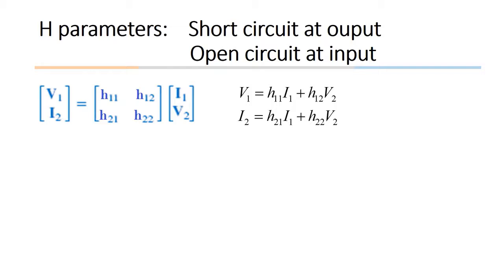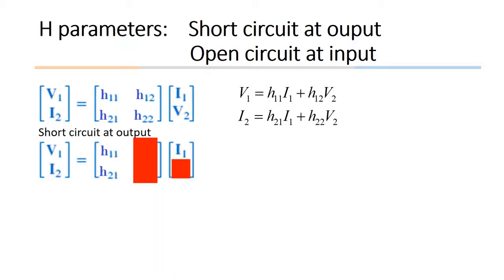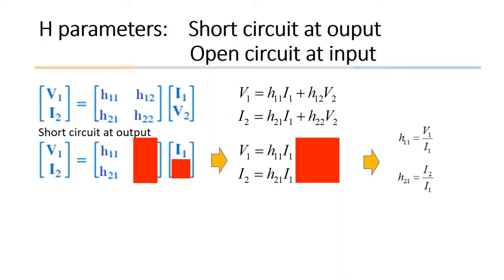So you can see here, to solve for the first column, you have to do a short circuit. Because we want to solve for the first column, we let V2 equal to 0. So to let V2 equal to 0, we do a short circuit at the output, so that we have H11 as the ratio of V1 to I1, whereas H21 is the ratio of I2 to I1.